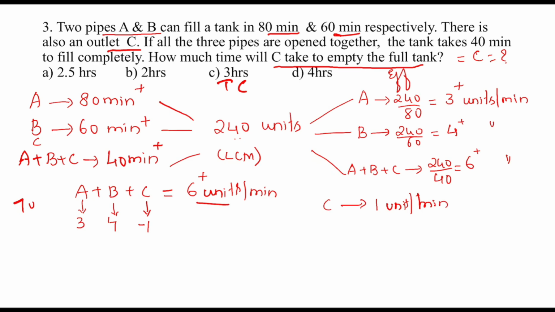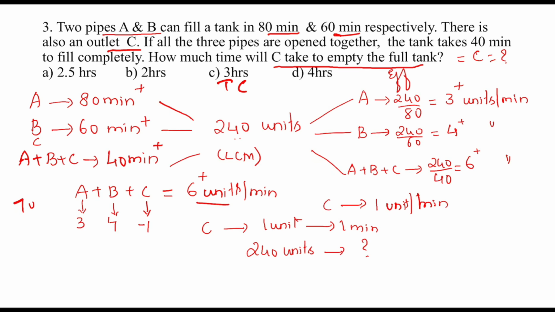Okay. Now, how much time will C take to empty the full tank, they are asking. If C can empty 1 unit in 1 minute, to empty the full tank, that is 240 units, how many minutes will C take?